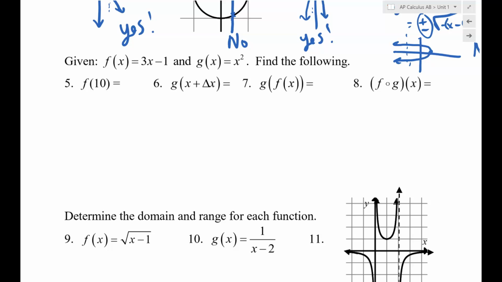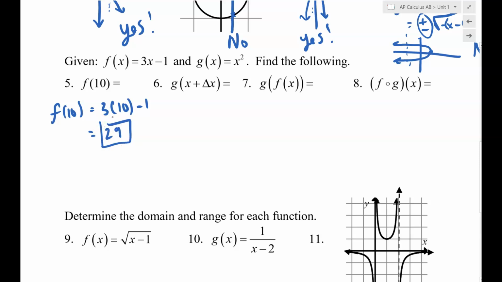So f of 10: I'm going to take my f function and plug in 10 for any x. So 3 times 10 minus 1. Remember, in calculus, that is a numerical answer. You can stop. You do not have to simplify. That could be your answer. But if we simplified, this would be 30 minus 1, which is 29.